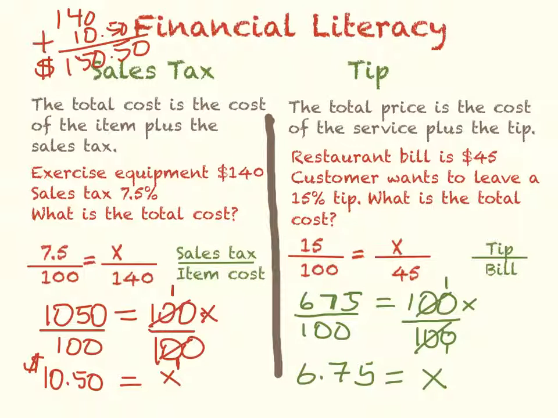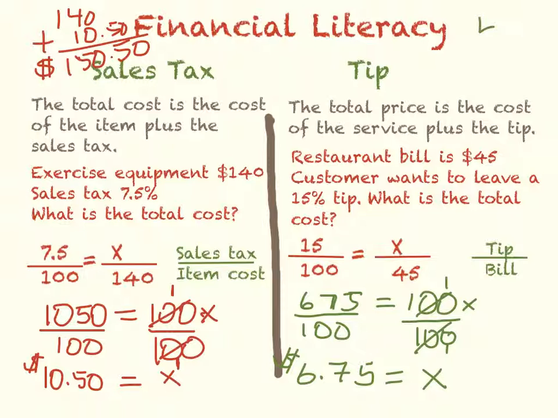And again, this is a tip, which is money. So we are going to put a dollar sign. But we're not finished. We're looking for the total cost, not just the tip. So we're going to have to add the tip in money to the cost of the restaurant bill, which was $45.